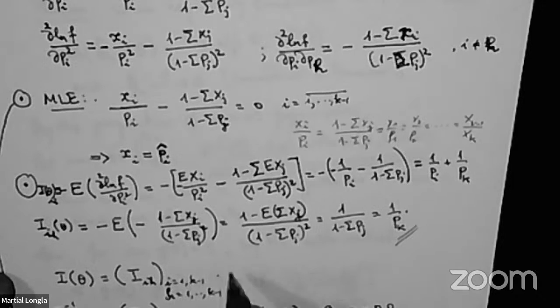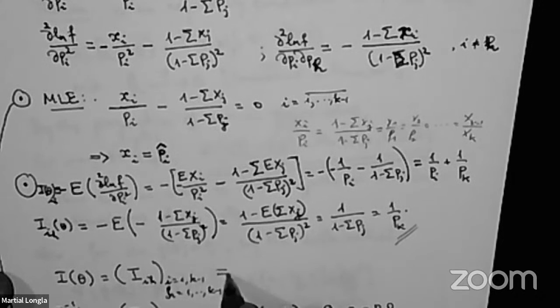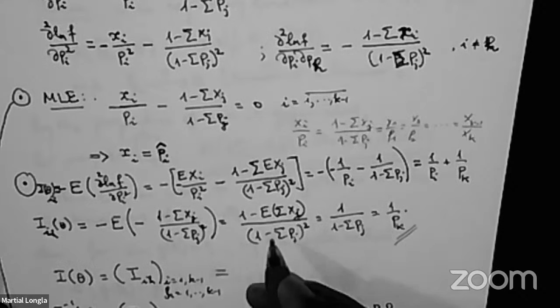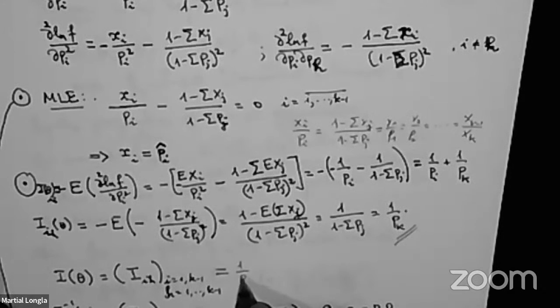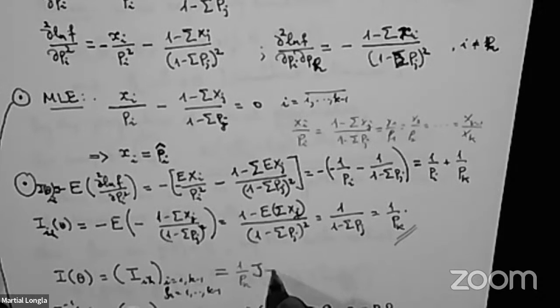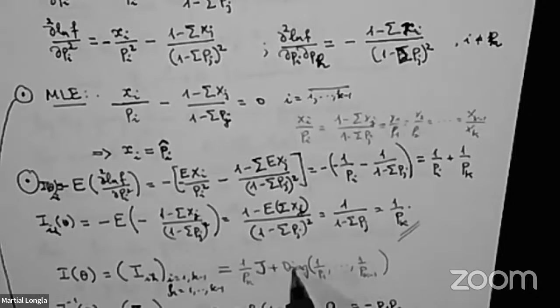This can actually also be written as 1 over pk times the J matrix, plus the diagonal matrix of 1 over p1 through 1 over p(k-1), where this notation means you take a matrix, you put these numbers on the diagonal, and everywhere else you put 0.